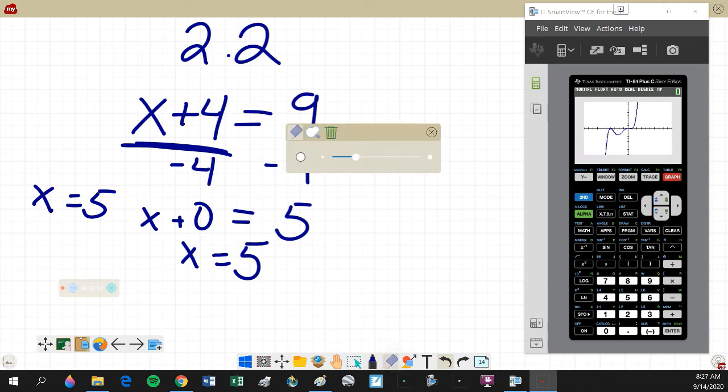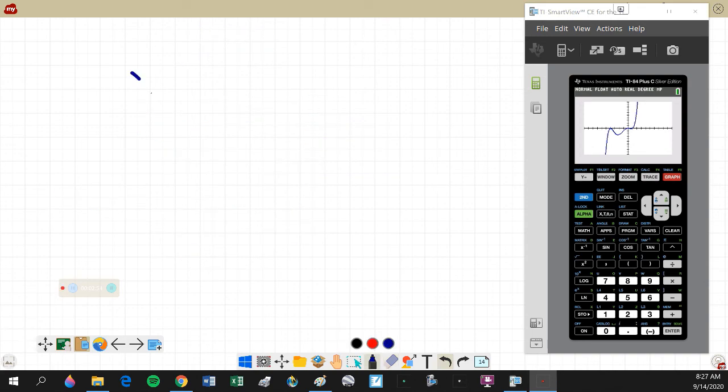Okay. What about this? x minus 10 is equal to negative 7. What do I do here? I need to do the opposite of subtract 10. The opposite of subtract 10 is add 10.